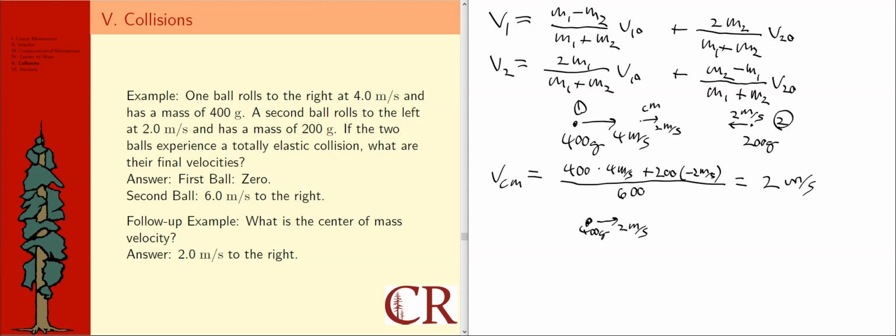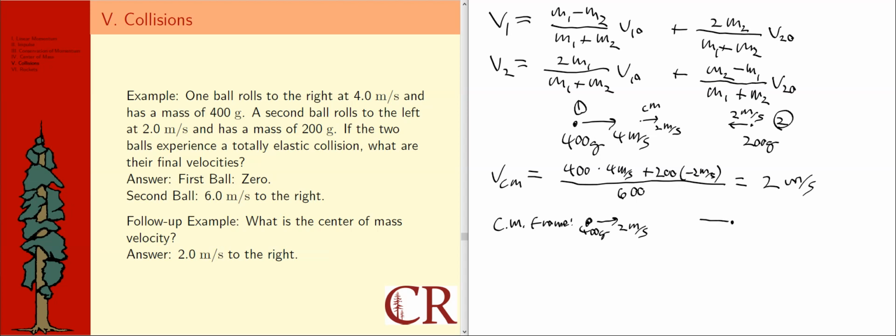Again, this is as viewed from my viewpoint at the center of mass point, which you could call the center of mass frame. So that's kind of what I'm trying to draw here. And then the 200 gram object, since I'm moving at 2 meters per second towards it, and it's moving at 2 meters per second towards me, the relative velocity that would make sense for that, it's going faster towards me.